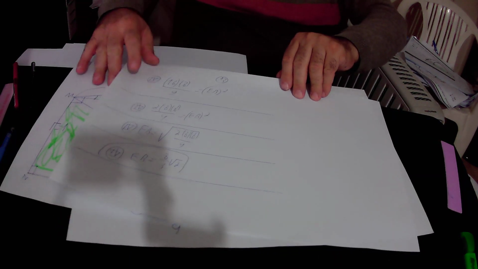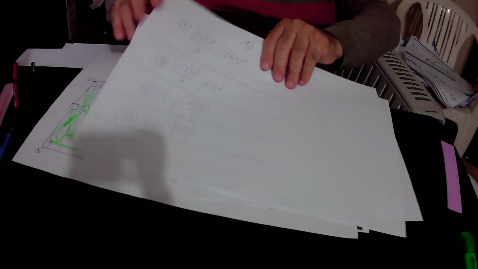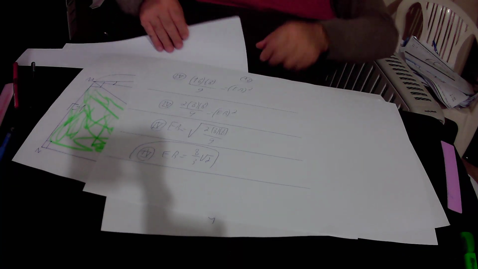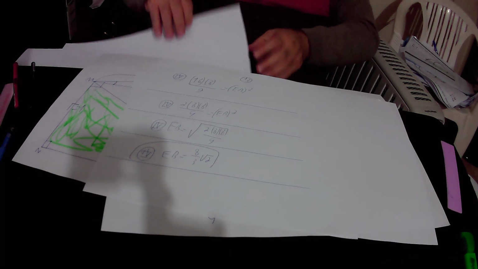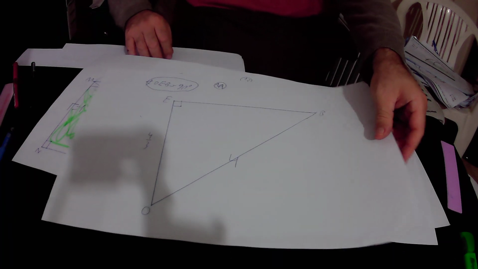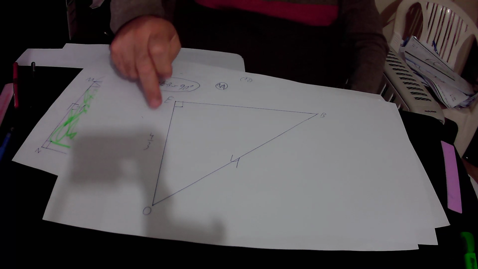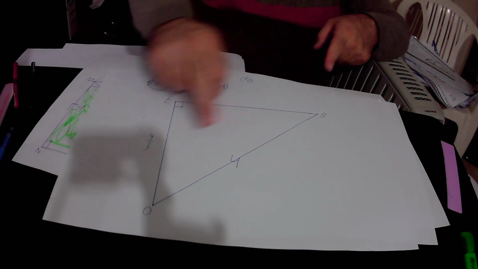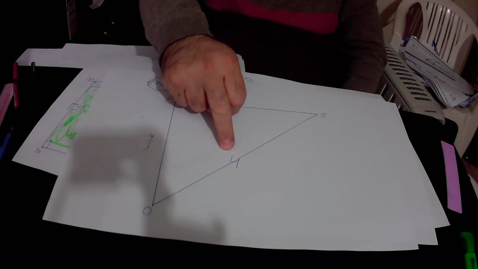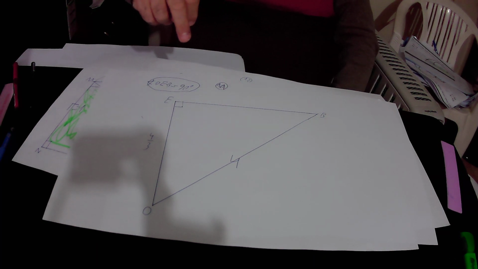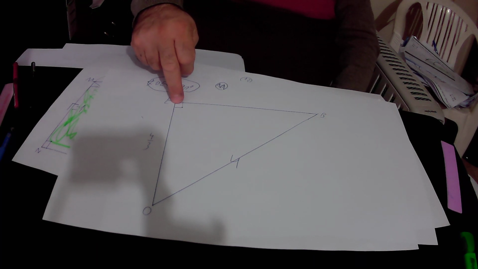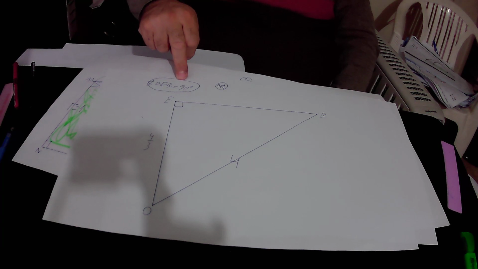So we can implement the Pythagoras theorem in order to find the values of all the sides of the right triangle OEB. We know that OE equals 4 over 3 units. OB is the radius of the semicircle, it equals 4 units. And this angle is a right angle, it equals 90 degrees.